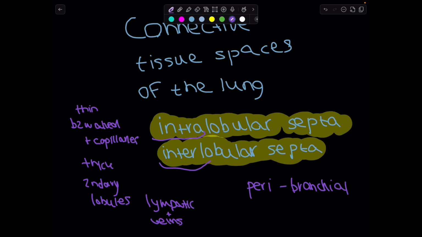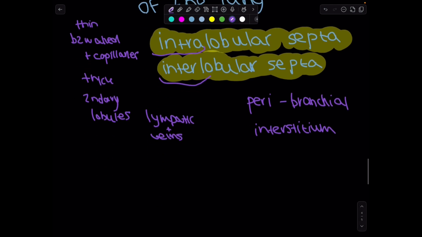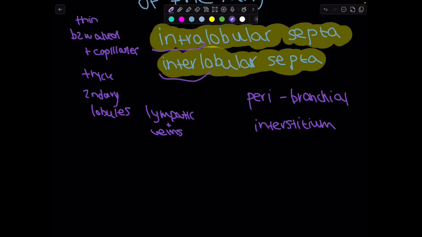And what is peribronchial interstitium? The peribronchial interstitium is the connective tissue surrounding the bronchi and bronchioles in the lung, part of the lung's interstitial network, containing blood vessels, lymphatics, and nerves, supporting airway structure, but distinct from intralobular and interlobular septa, which focus on alveolar and lobular regions.